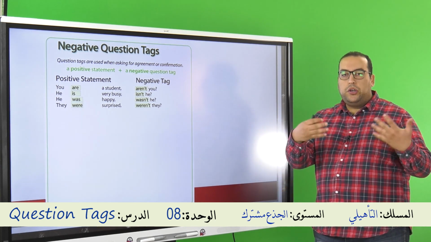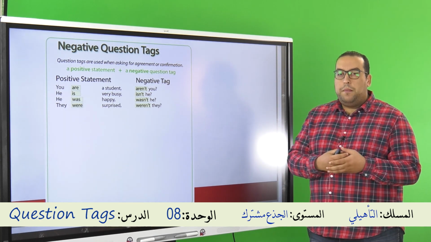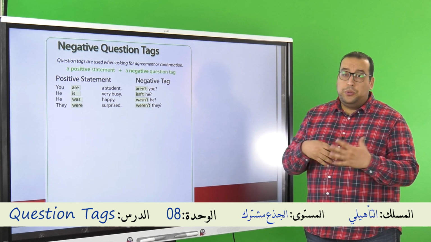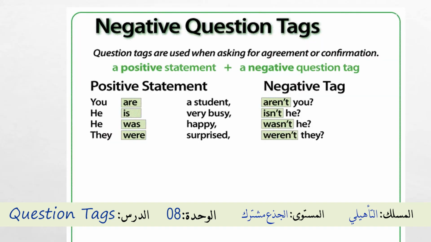Maybe from the look of your clothes, or maybe you are holding a backpack or going to school and so on, and they say you are a student, aren't you? So this is the way we use the question tag. And this is the first type or the first category in which we use the verb to be.